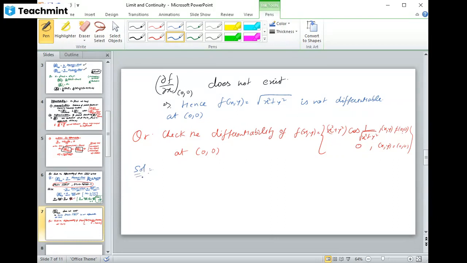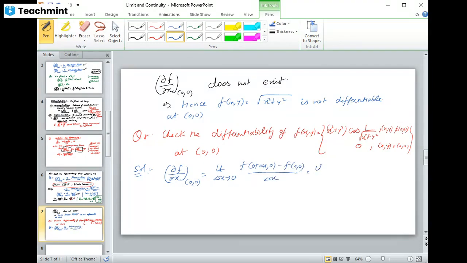Again, I want to check the differentiability of the function at the point (0, 0). The first condition is the necessary condition. So what can we do? We first calculate the partial derivative of the function at the point (0, 0), again using the definition. This is equal to limit delta x tends to 0, f(0 plus delta x, 0) minus f(0, 0) upon delta x.